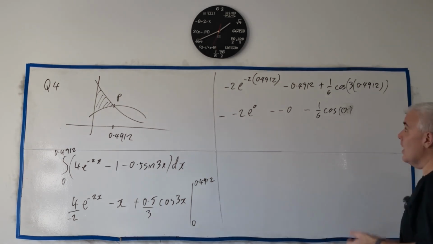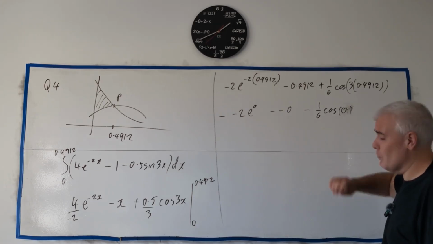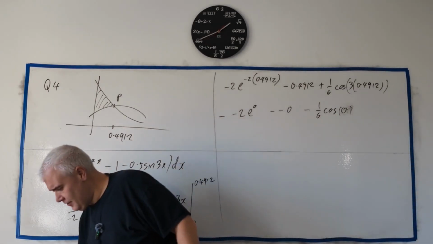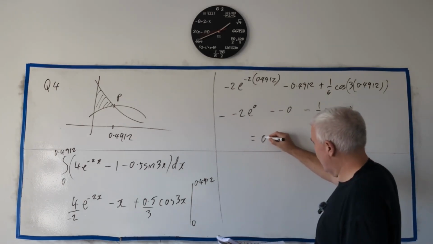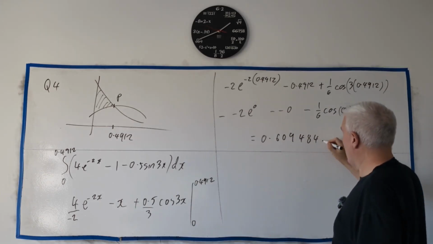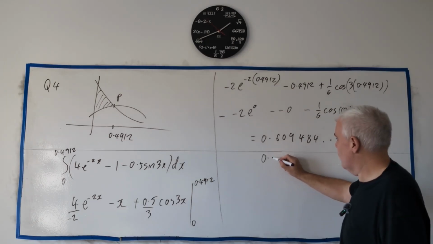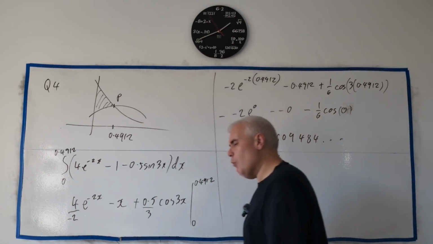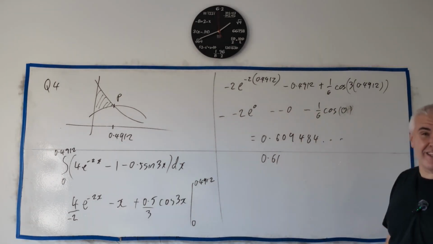So that becomes minus 6. Put all this in your calculator. Just be really careful. The answer I got was, and I have checked it, it is correct, 0.609484. And they wanted 2 significant figures. So that's 0.61.